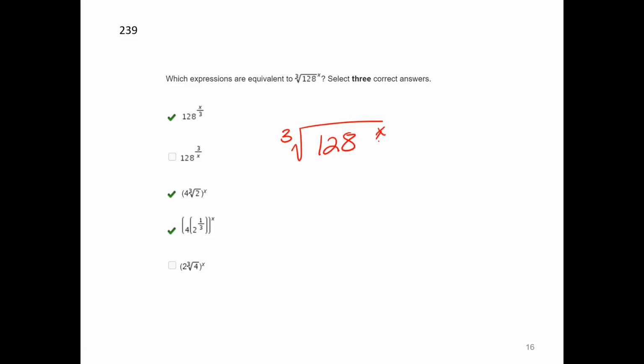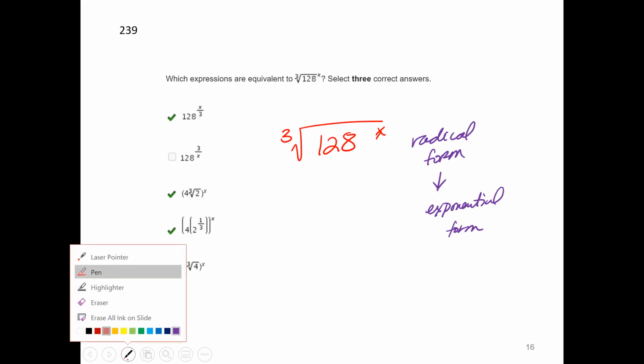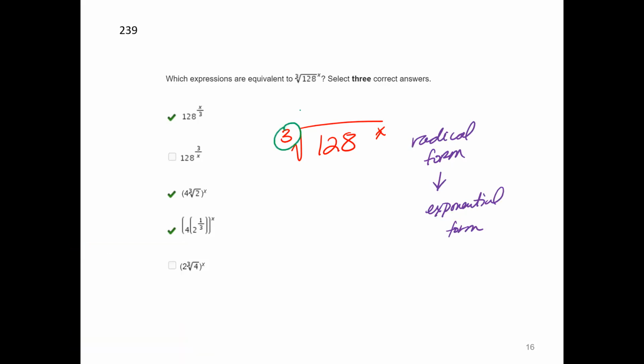Okay, so let me show you how to do this. This is called radical form. You're going to convert it to exponential form. Okay, so if you're in radical form, this 3 right here is the root. This x right here is the exponent.